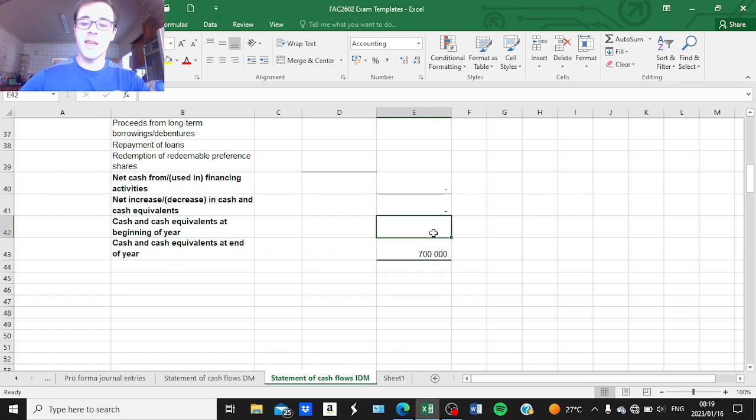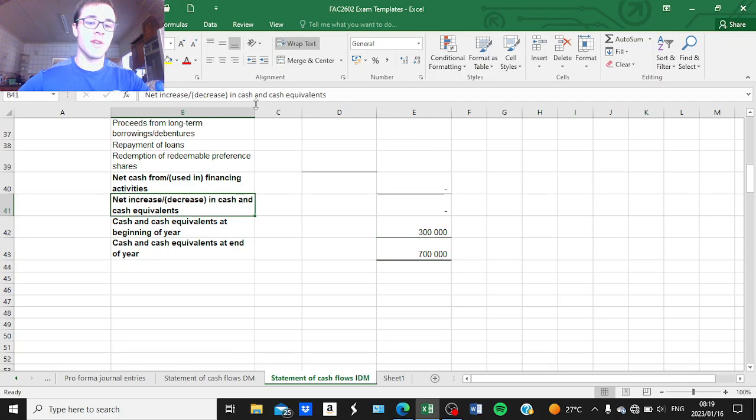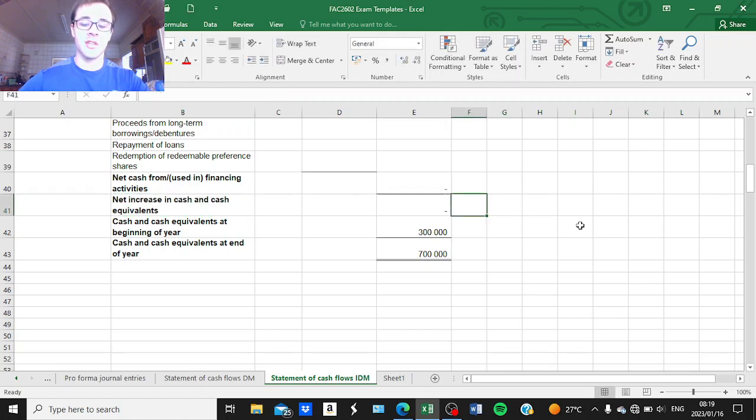So there was clearly a net increase in cash and cash equivalents amounting to 400,000. So once you have drafted every section in the statement of cash flows, you should arrive at an answer of 400,000 as the net increase in cash and cash equivalents.